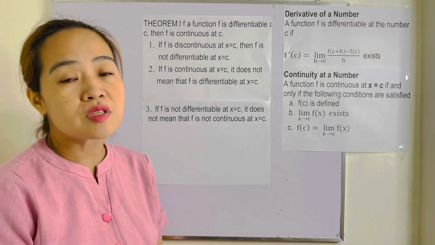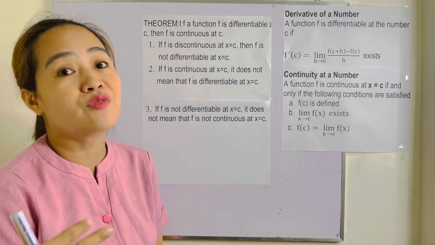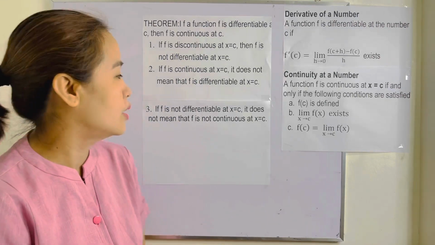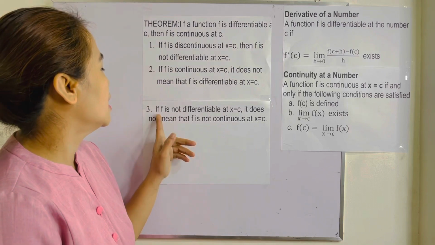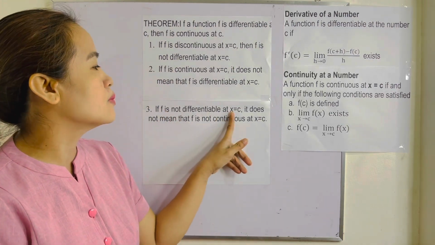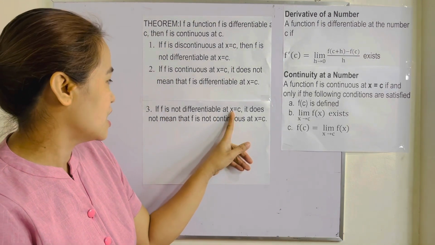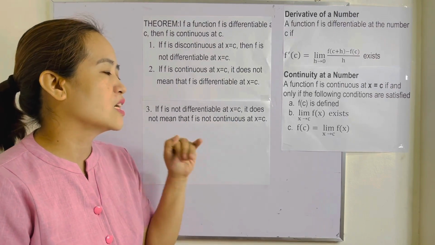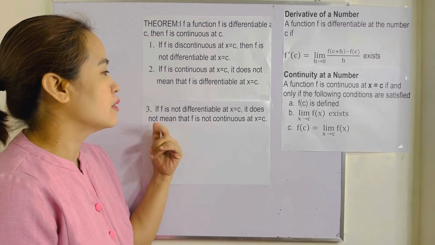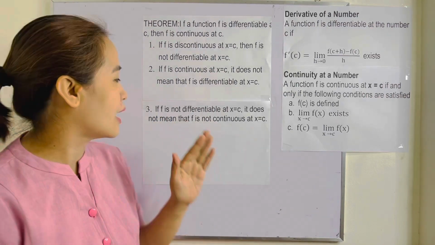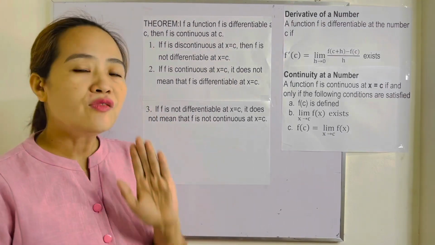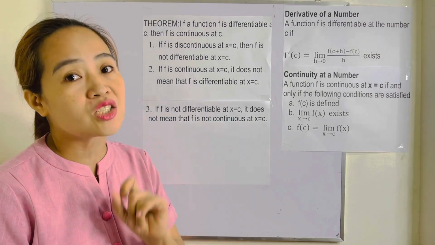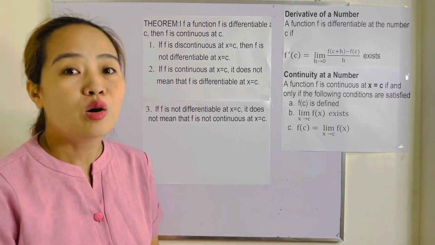And for number 3, if f is not differentiable at x equal to c, it does not mean that f is not continuous at x equal to c. That means there are times that the given function is not differentiable at a given number, but it is continuous at that number.